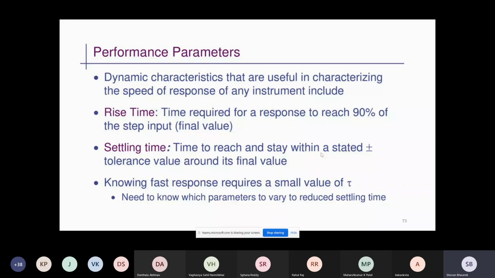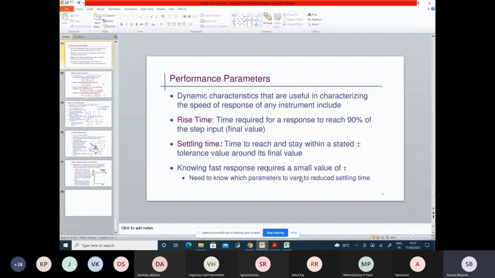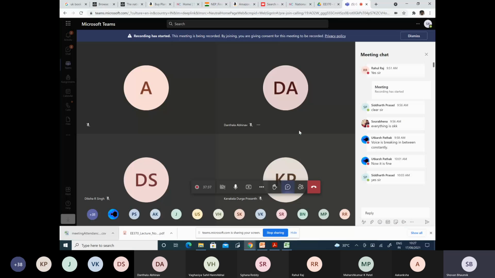Now tell me if you have any query. A lot of things we discussed. Anybody has any queries? First order and zeroth order, both types we discussed. Let me know whether you understood everything properly.